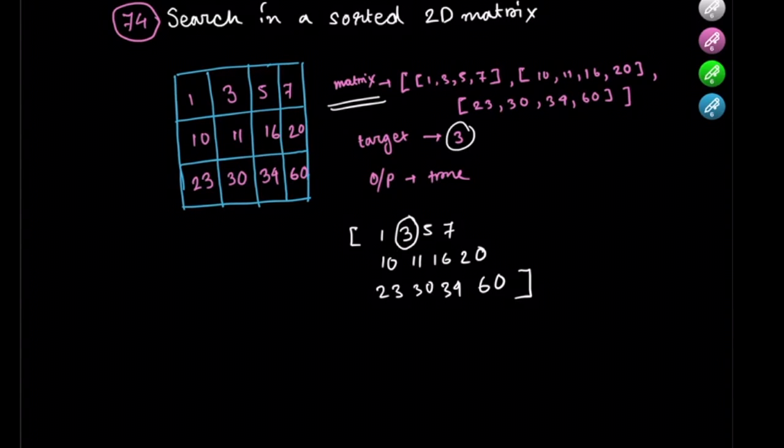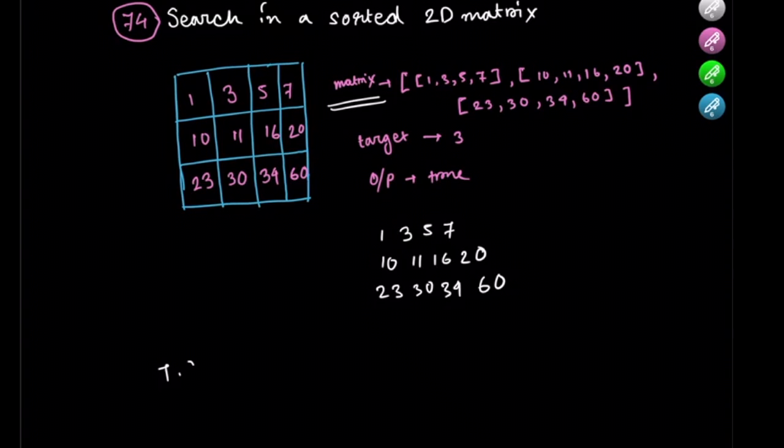Same thing we will do. We will write the code, do the binary search, and return if it exists or doesn't exist. So what will be the time complexity?